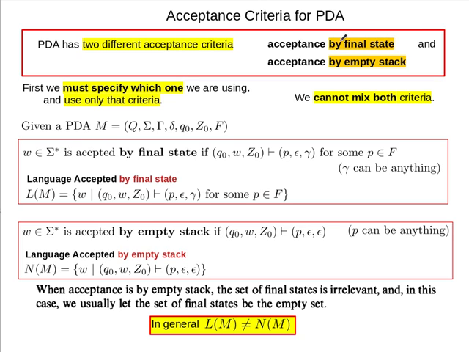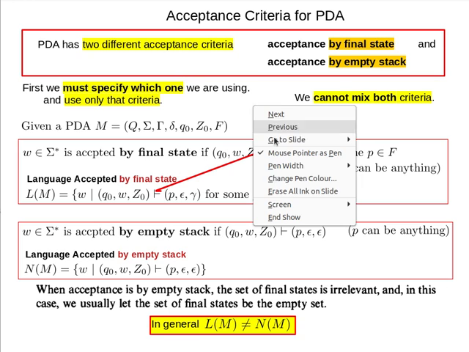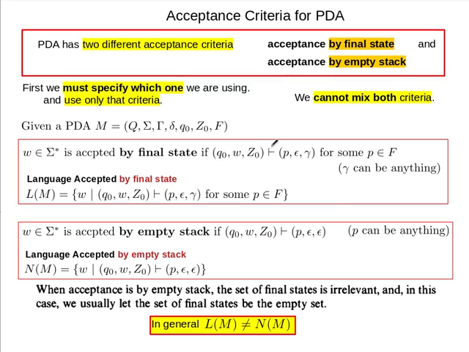If you have chosen acceptance by final state, then what are the strings that you will accept? If you have chosen this criterion, accepted by final state, then you look at this. This is star, this should be star. That means this is a multiple step process.